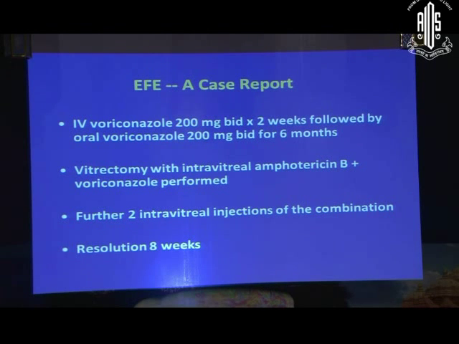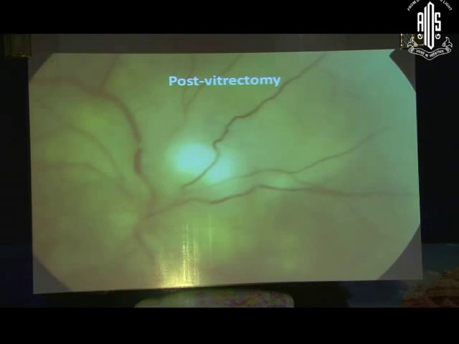We have to continue the treatment for a very long time because the fungus persists for a very long time. Then vitrectomy with intravitreal amphotericin B and voriconazole was performed, and a further 2 intravitreal injections were given in combination, and resolution was seen at 8 weeks.